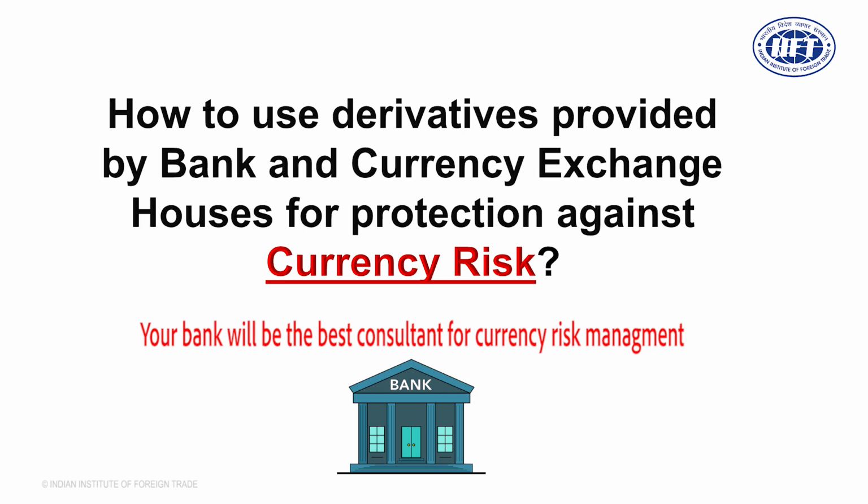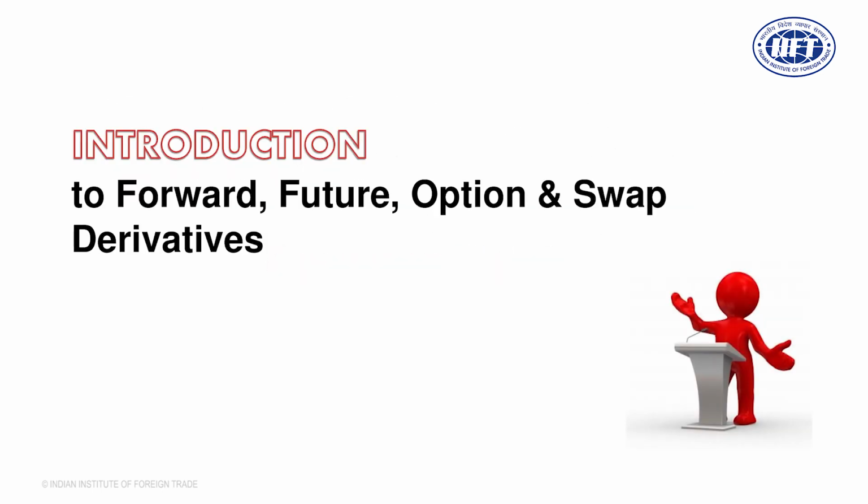Very shortly, we are learning in which situation, as an exporter, I should use a forward contract, in which situation I should use a futures derivative contract, in which situation an option derivative contract will be better, and where swaps have to be used.